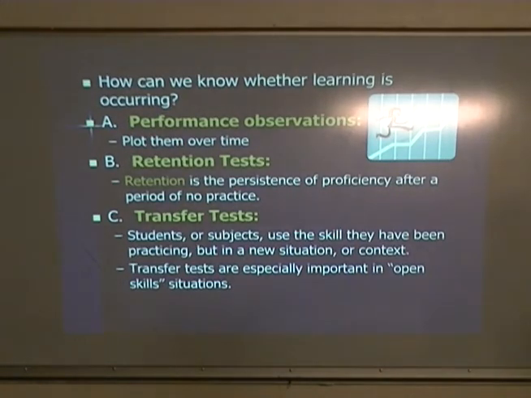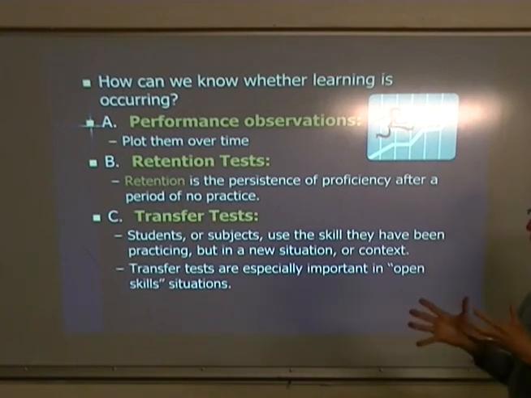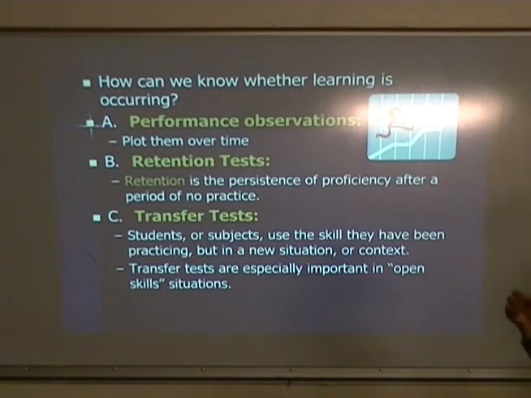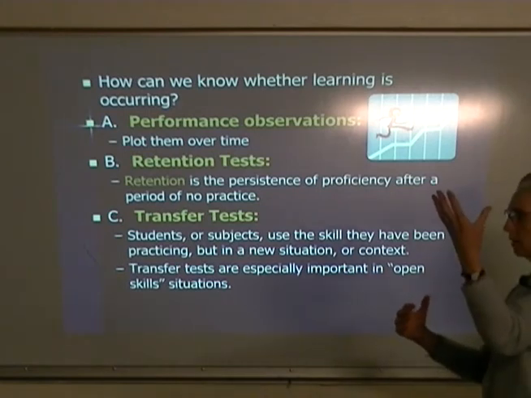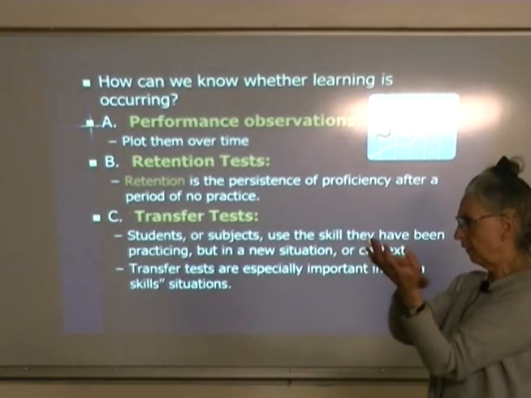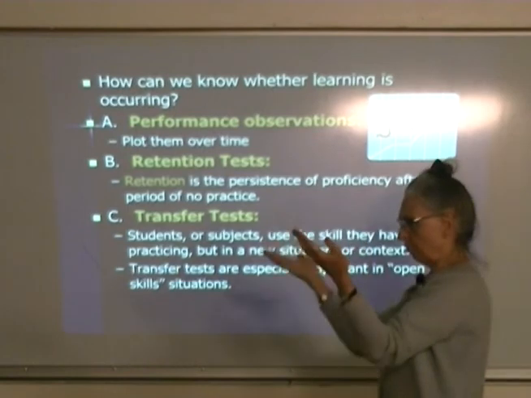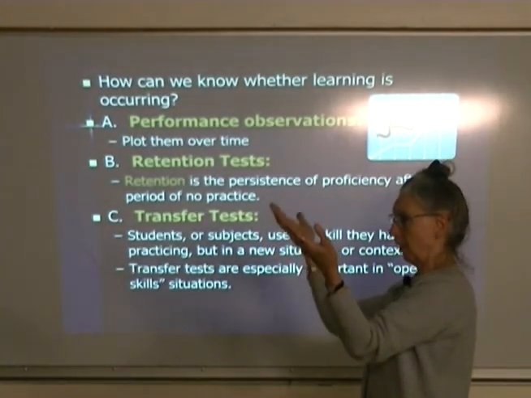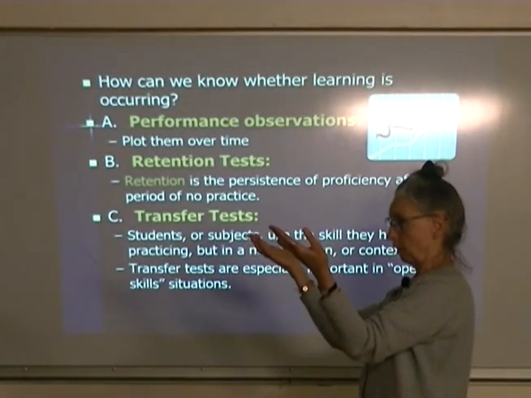So, luckily for us as the teachers, there are some options that we can use that will help us make the decision whether what we're seeing is improved performance that's going to be variable or improved performance that indicates learning because it's going to be relatively permanent, right?